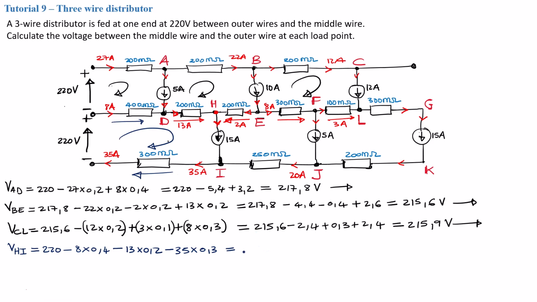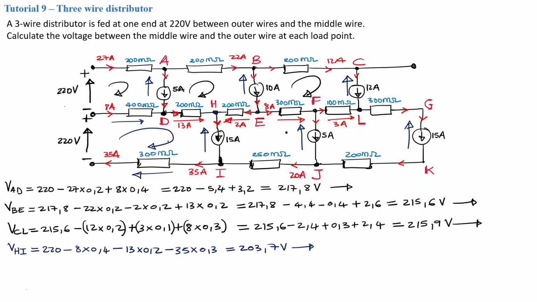And summing it all up is going to be 203.7 volt. Okay, so that is the voltage at this point here. So that's what we are basically calculating, the voltage across each one of these loads.